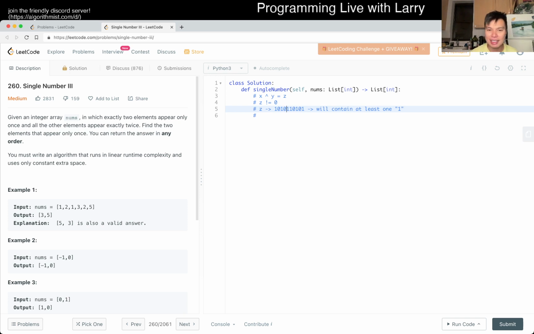So now let's just remove all these things and focus on one of them, right? Let's just say we look at this digit and only this digit, even though there might be other ones. Well, that means that x and y, at least in this digit, in the fifth digit, depending on how you want to count it, differ, so it is equal to 1, right?